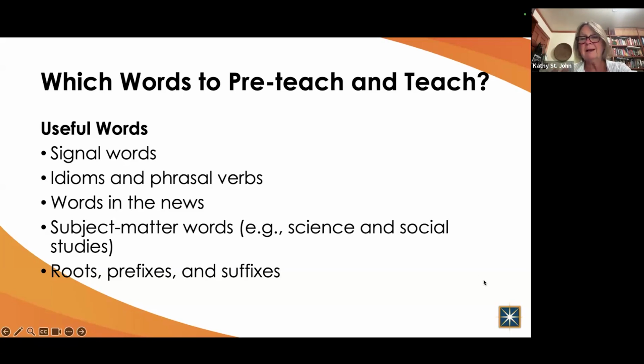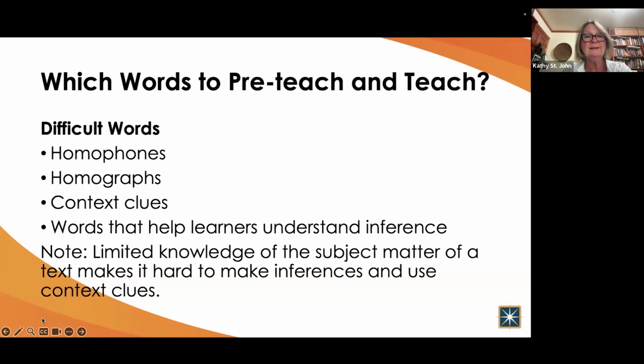Subject matter words, science words, social studies, and then we talked about the whole roots, prefixes, and suffixes. We brought up homophones and homographs. What are homophones? Words that sound the same but have different meanings and are spelled differently.